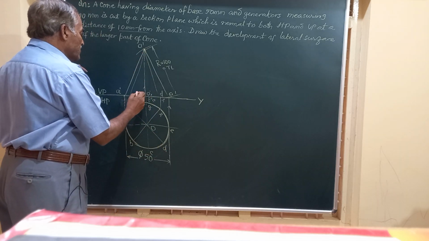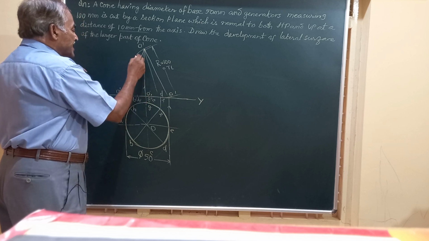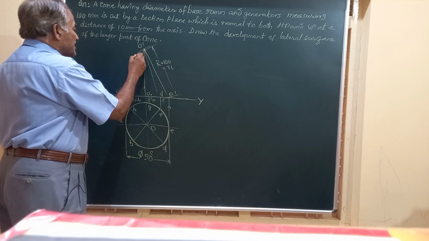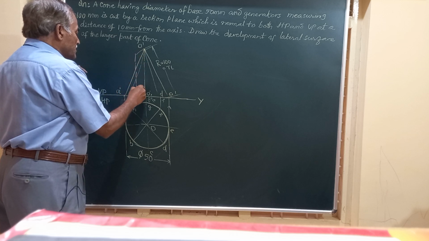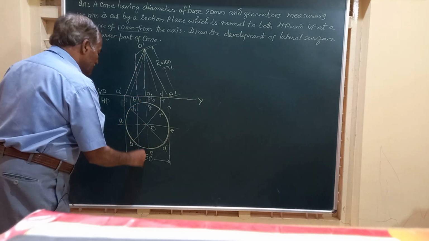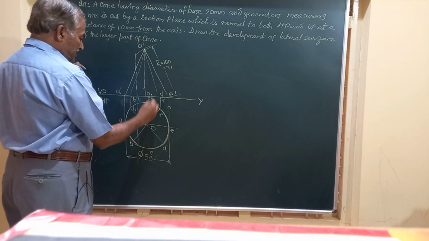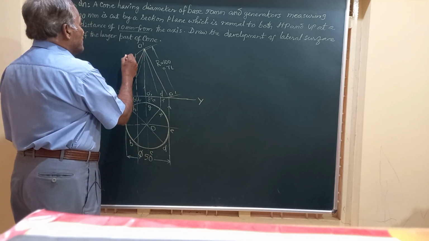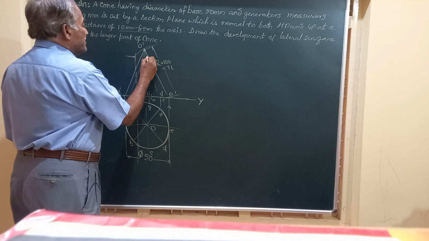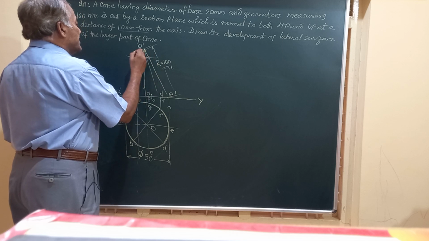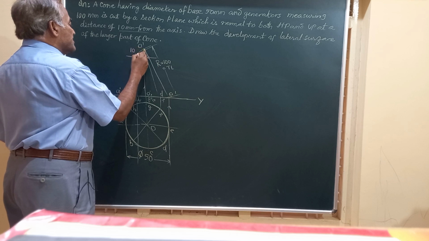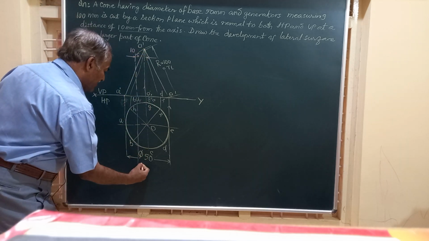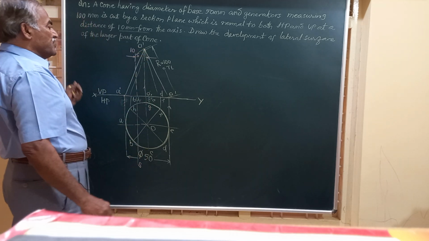So I am going to draw a line parallel to the axis, that is a section plane. This section plane is at a distance of 10 millimeter from the axis. This is given as 10 mm. So this is the section plane SS, which is perpendicular to both HP and VP.